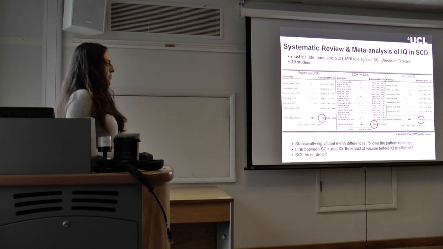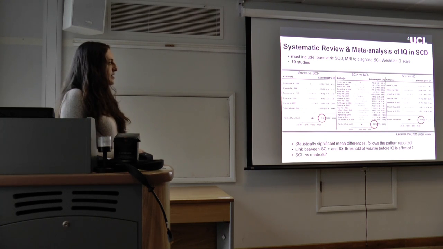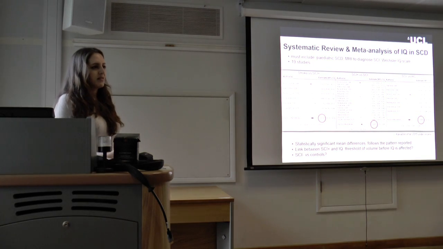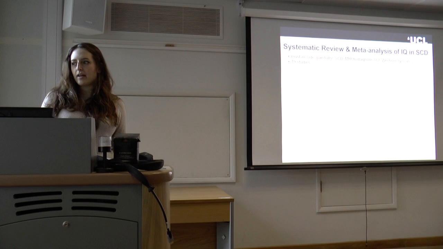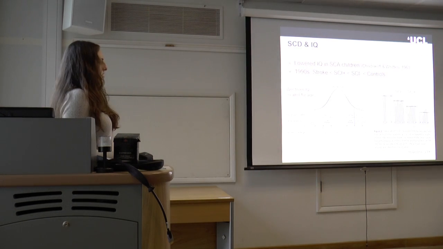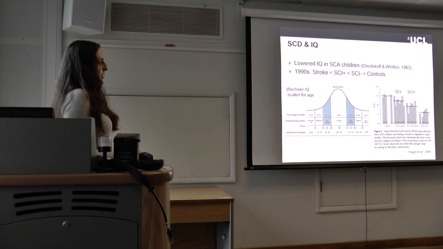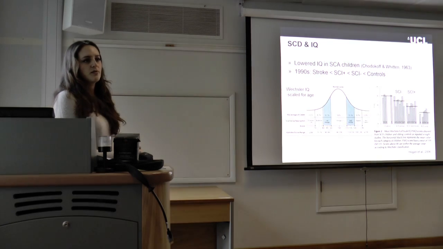So it follows this pattern reported, and one of the criticisms that I get quite a lot about this work is that, well, you wouldn't think that 5 and 6 points IQ is clinically significant. It doesn't seem like that much of a drop. But if you look at this graph again, if you were kind of here, 90, or even 91, 92, a 5 or 6 point drop in IQ could put you into a lower qualitative descriptive range.